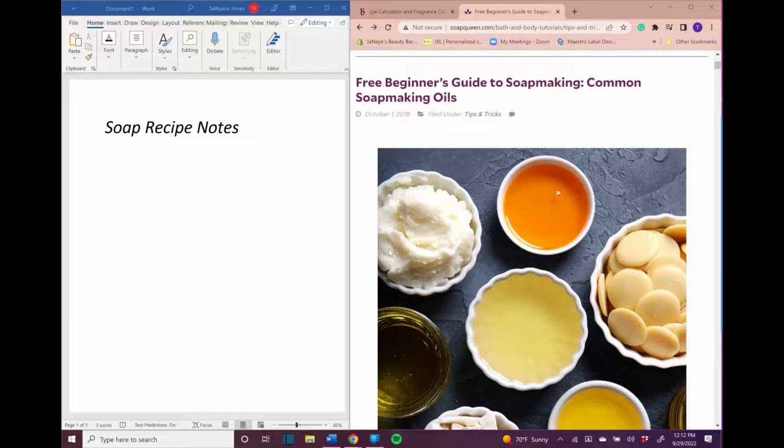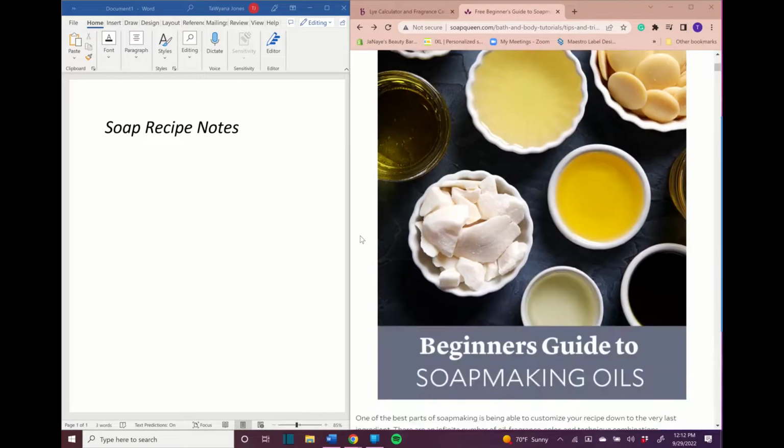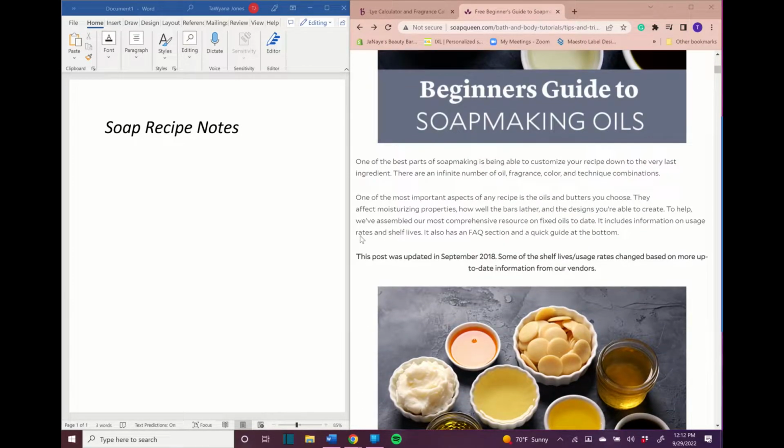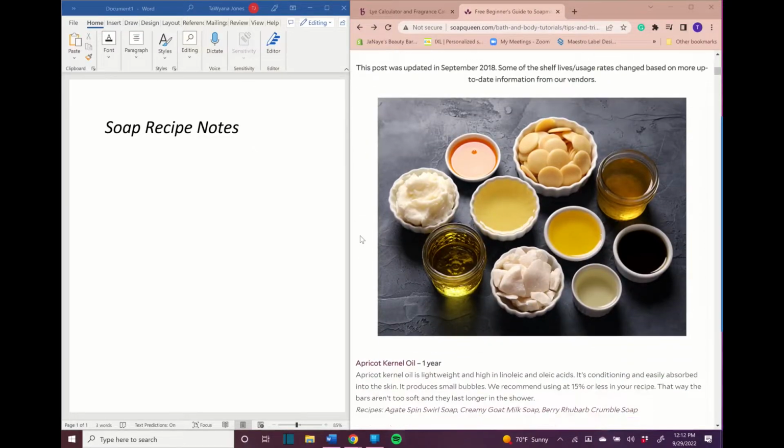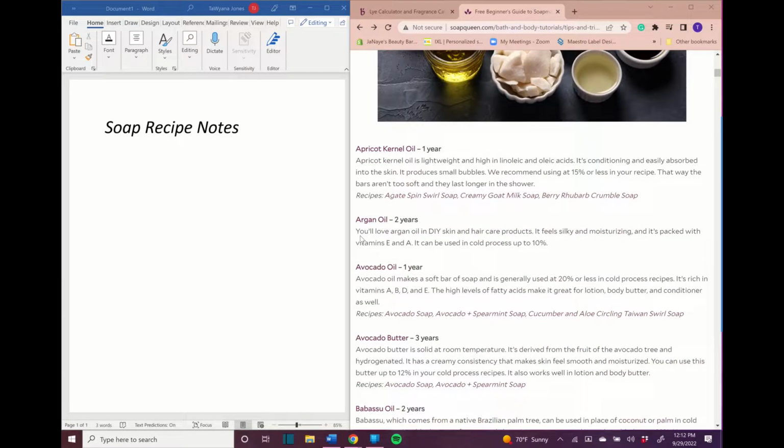What I love about the Soap Queen is the fact that she has so many things broken down for you as far as soap making. One of the first things that I came across when I first thought about making soap was this free beginner's guide to soap making, common soap making oils, and I'll leave the link to this in the description box down below. Basically, on this, she lists a plethora of different oils and their properties and how much you can use within a soap recipe.